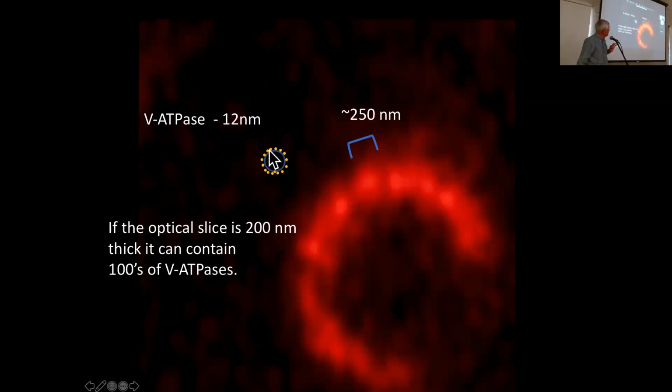And the little yellow dot is how big the protein tag really is. So what we're seeing here in a 200 nanometer slice is the glow from all of these proteins on this membrane. It gets you some sense of the degree of resolution. Pretty good, we're looking at something really tiny, but we can't see the proteins per se.